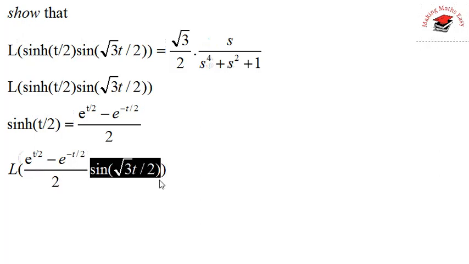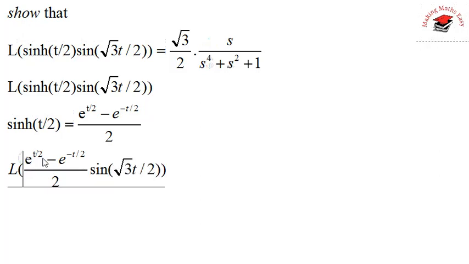So we need to multiply the sin(√3 t/2) inside this function individually, and we will take this 1/2 constant.